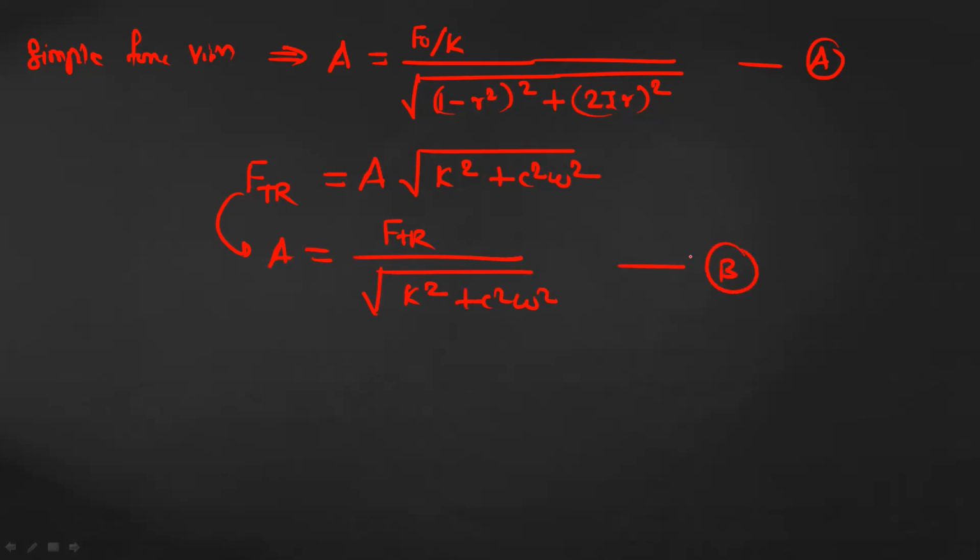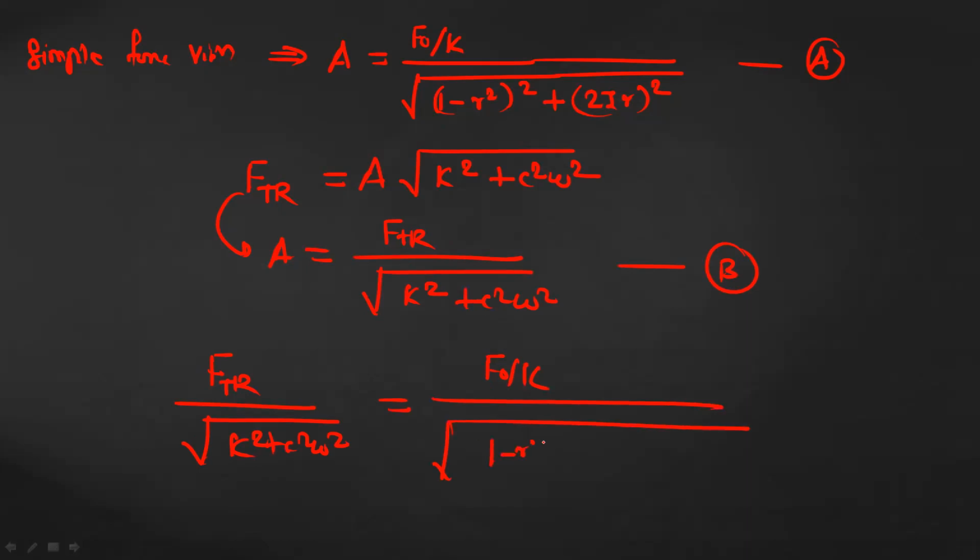Take this as equation B, and by comparing A and B, we can write FTR upon the square root of K square plus C square omega square equal to F0 upon K in the square root. Now just rearrange the terms.